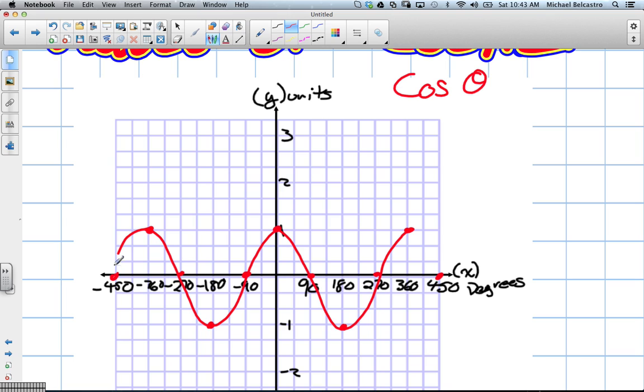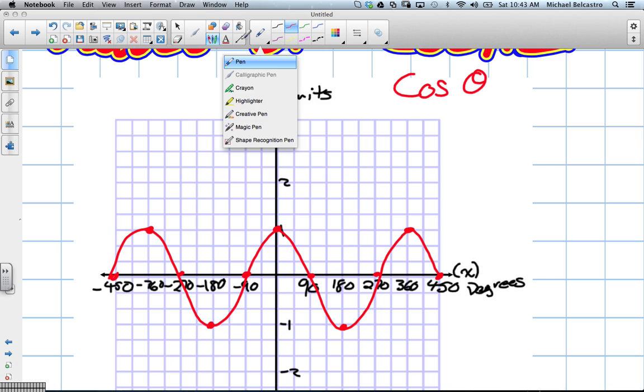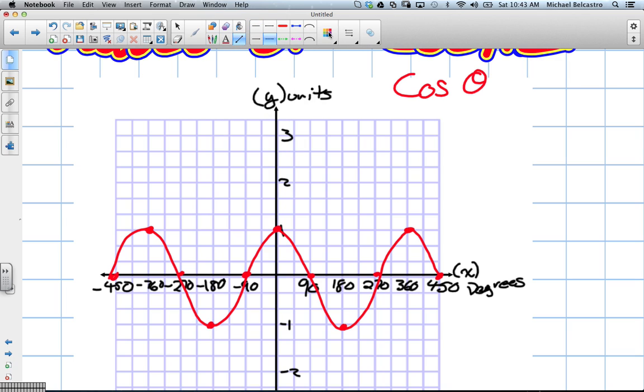Okay. So if we take a look at this, say I was to talk about lines of symmetry. This looks like it actually has a line of symmetry right on the y-axis. In other words, all of our x values are flipped in terms of what their y-coordinates are, right? Our 90 and negative 90 are on exact same points.